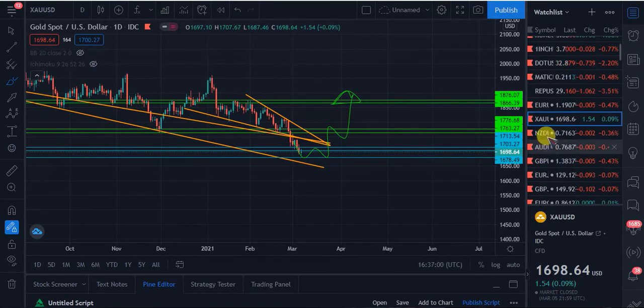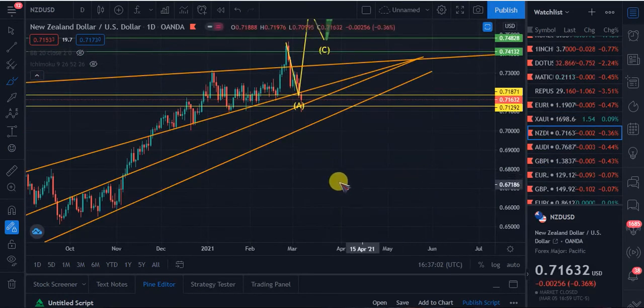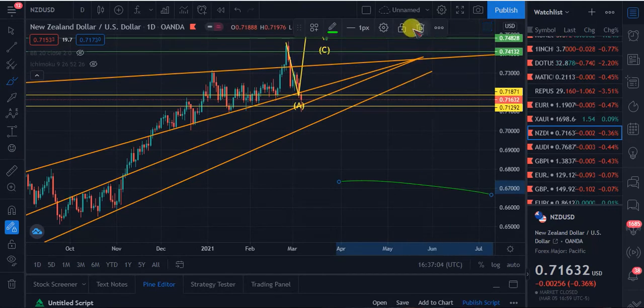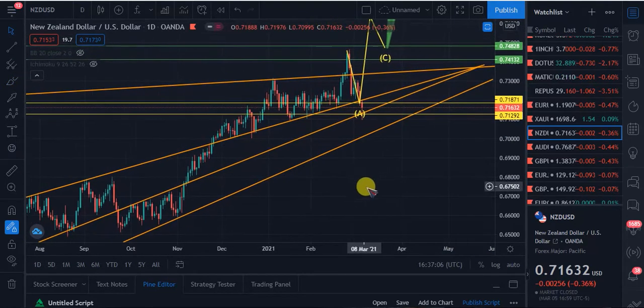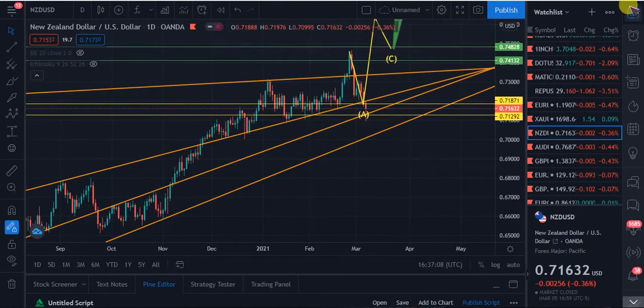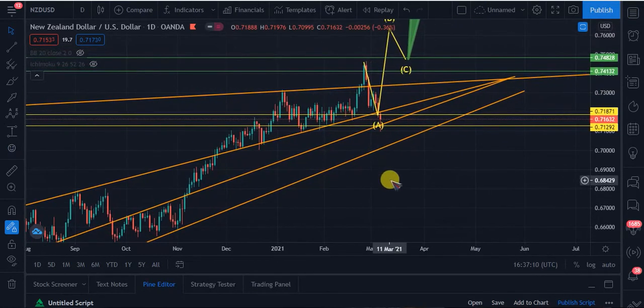So let's also check NZD USD. If you look at the NZD USD pair currently, it is giving a rejection from this particular support level. And if you look at it, there's a cross trend line that passes through that level.